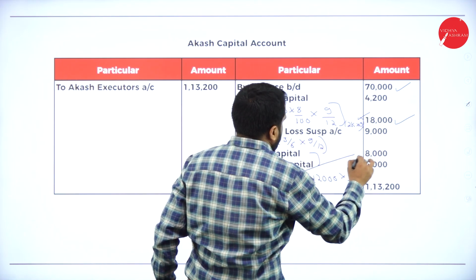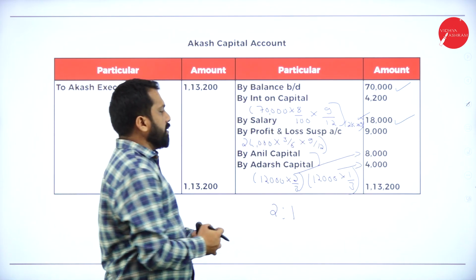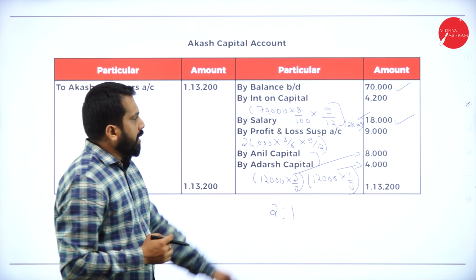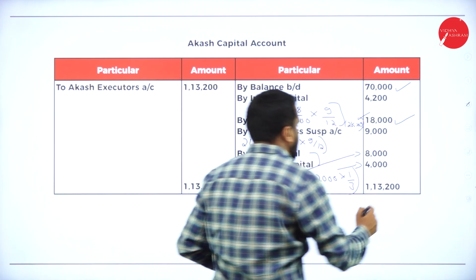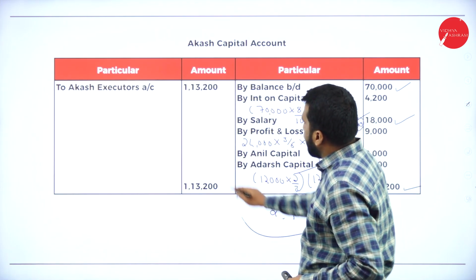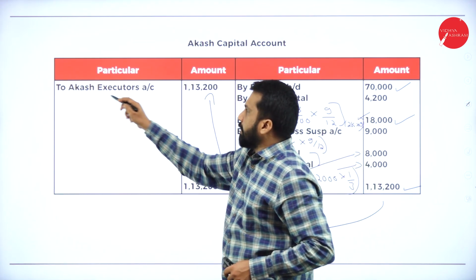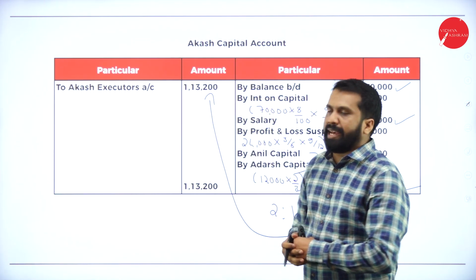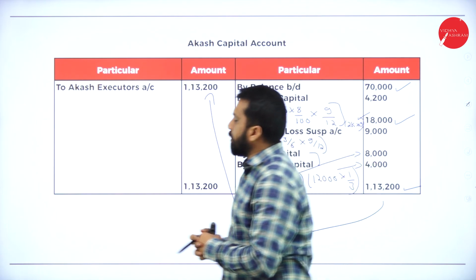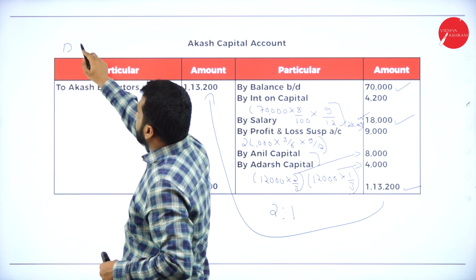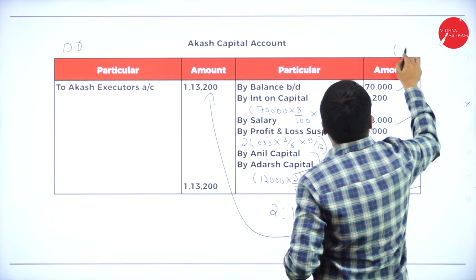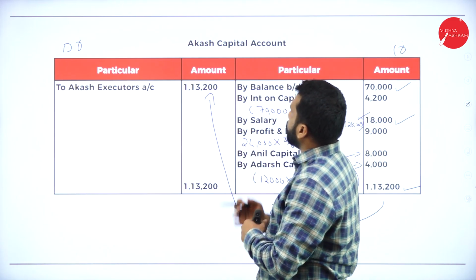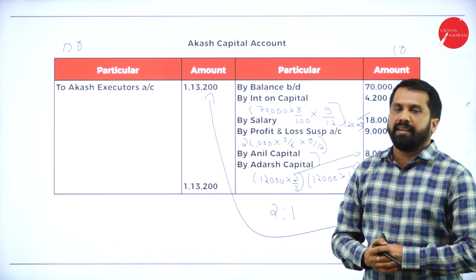These are the answers we have done. Hope you are clear. Add everything, you will get 1,13,200. The same answer will be carried here. Akash executors account 1,13,200. And your answers must be, this is debit and this must be credit. This is your Akash capital account.